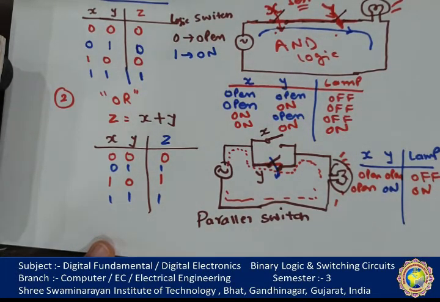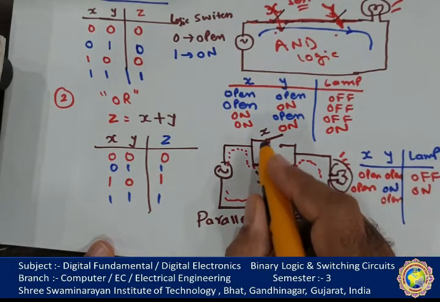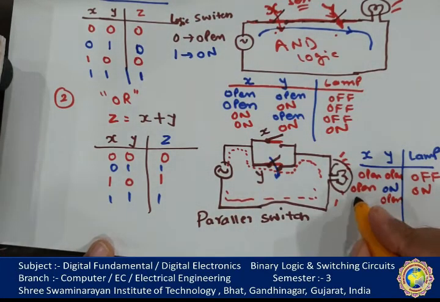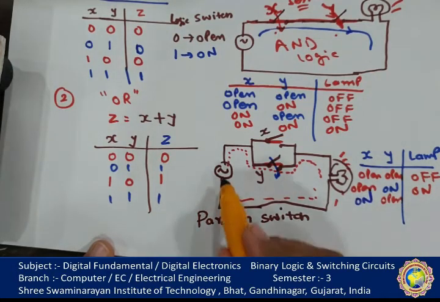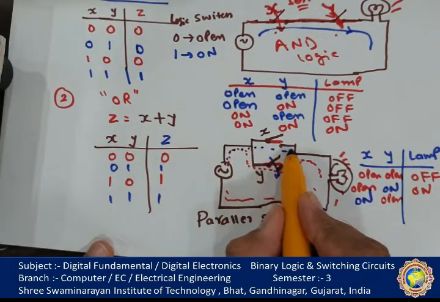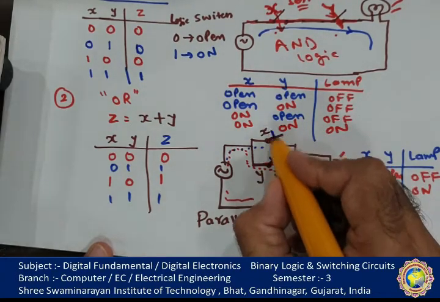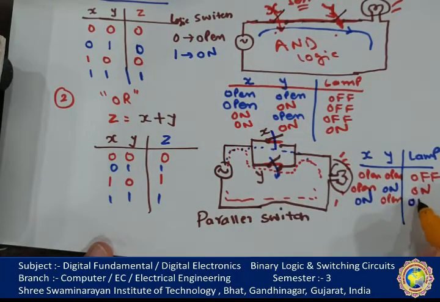In reverse, suppose my Y switch is open and X is closed, X is in the on condition. Then in this direction also current will pass, through the above path. It will not pass from here, it will pass from this direction, and again the bulb will be on.